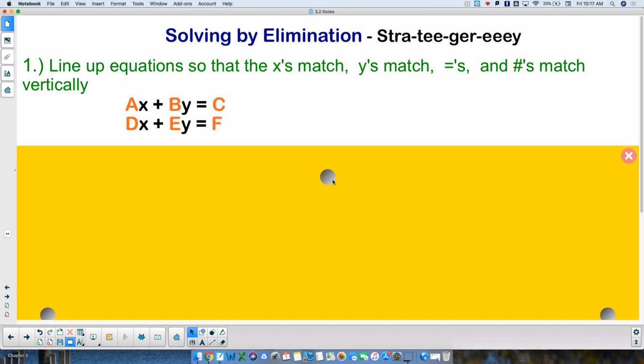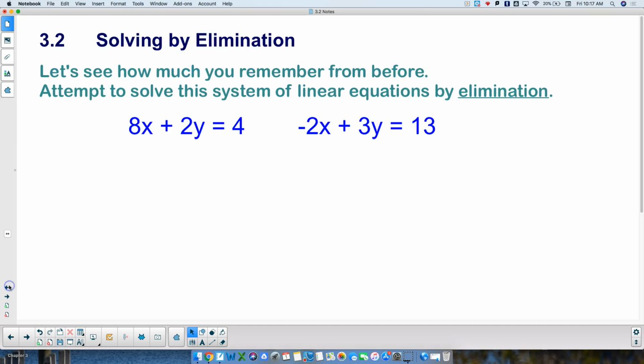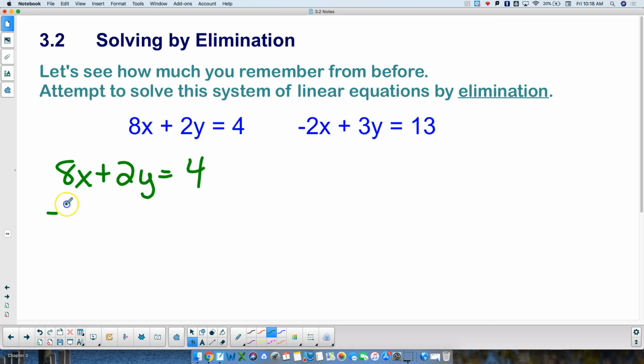So if we go back to this warm-up problem here, the very first thing that we would do is we would rewrite this equation to be 8x plus 2y equals 4 and negative 2x plus 3y equals 13. So I have to get them lined up vertically. I don't want them lined up horizontally. I want them lined up vertically. Okay?